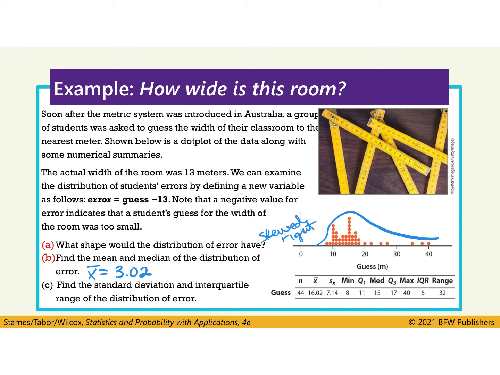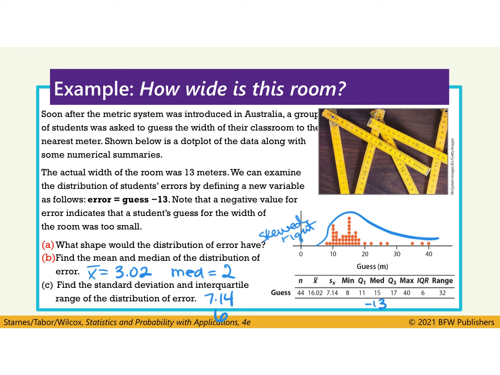If the median is 15, what's the new median going to be? Minus 13? 2, right? And then what about standard deviation? Does that change? So the standard deviation stays the same, 7.14, and the IQR stays at 6.